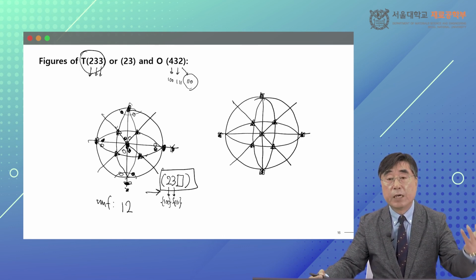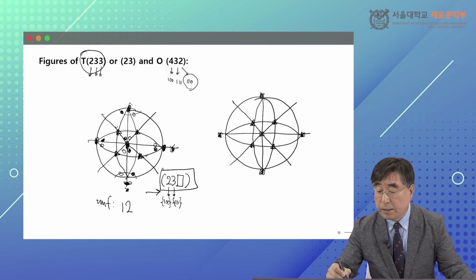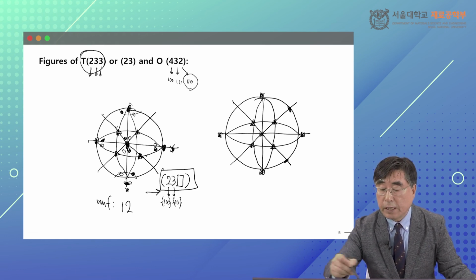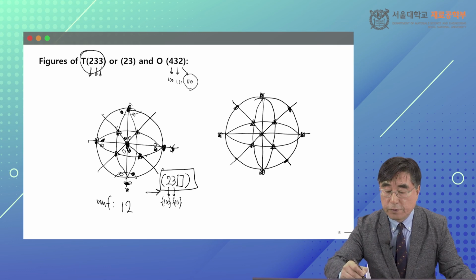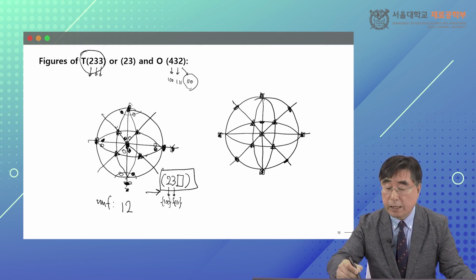Now all the 110 type axes have twofold. So where are the 110 type axes? This is 110 twofold. This is another 110 type, twofold, twofold, twofold. Now this one is twofold, again 110 type, this one is twofold, this one is twofold, this one is twofold.